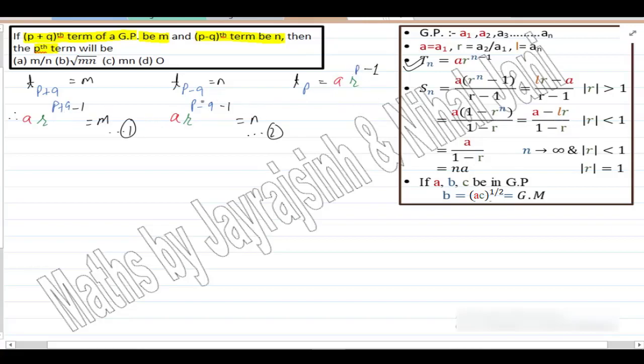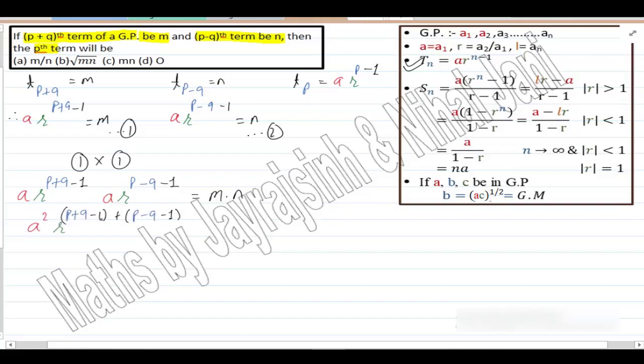We should eliminate q from the two equations, and for that we multiply 1 with 2. So the left hand side will be ar raised to p plus q minus 1 and ar raised to p minus q minus 1, equal to m into n. So a into a will give us a square, and r raised to (p plus q minus 1) plus (p minus q minus 1). Here you can see q will cancel out and we will get a square into r raised to 2 times (p minus 1) is equal to mn.